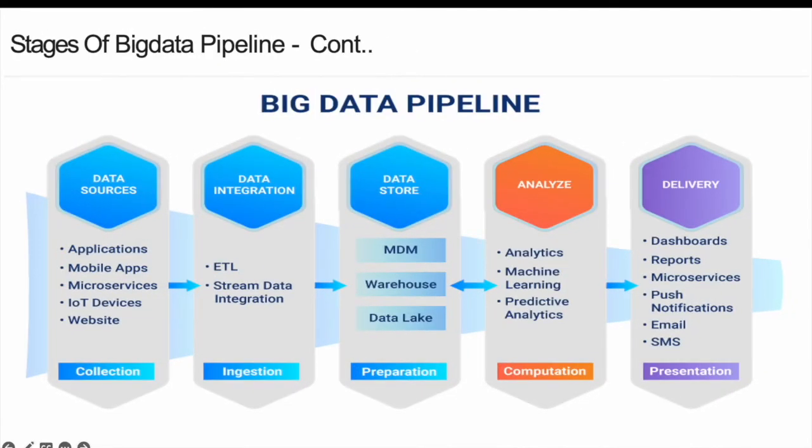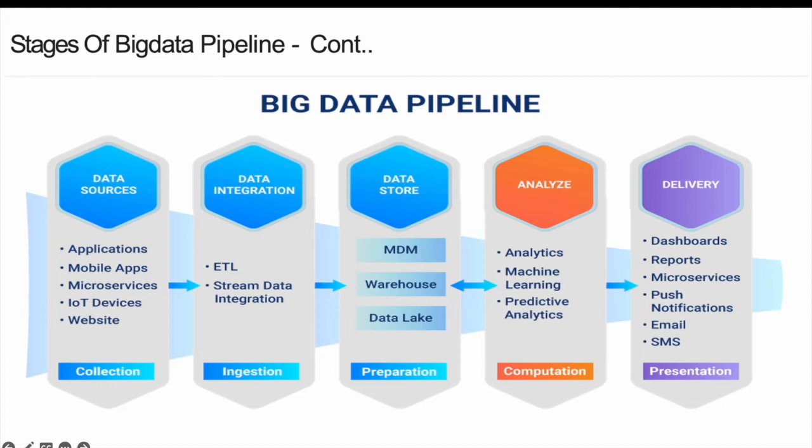The first step is data collection. The data collection can happen from applications, mobile applications, microservices, IoT devices, and websites. We can collect different formats and different types of data from all these sources. Then data ingestion will happen. We call it ETL, extract, transform and load.